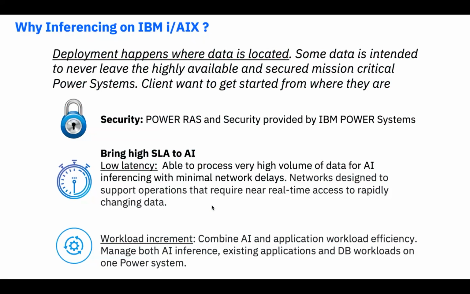So we are talking about high speed and potentially real-time inferencing from your application. That is to say, you want to score fraud in real time, or in my case, customer churn from your CRM. So it's about having low latency and minimal network delays between your existing application and the model to infer.